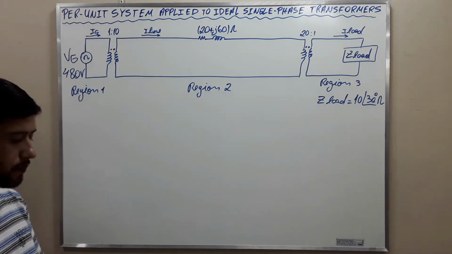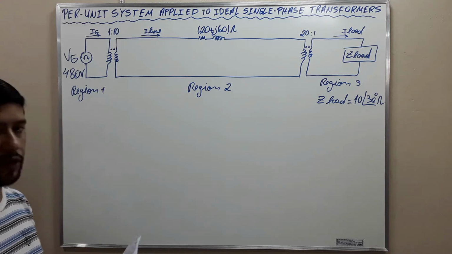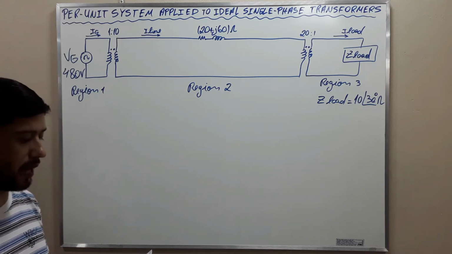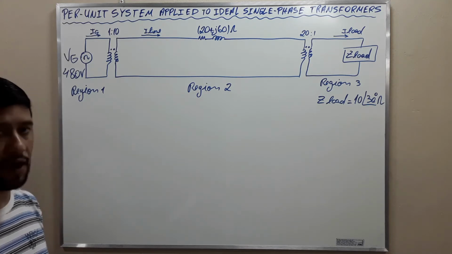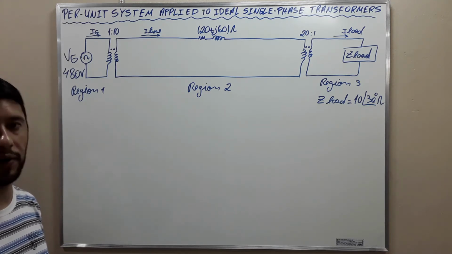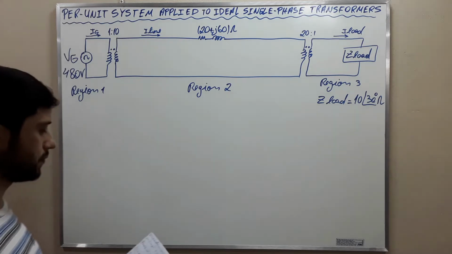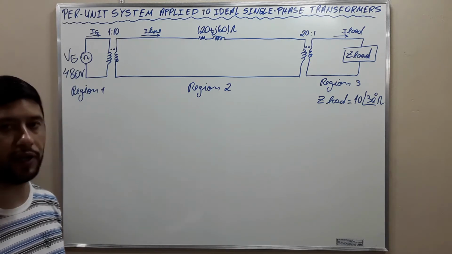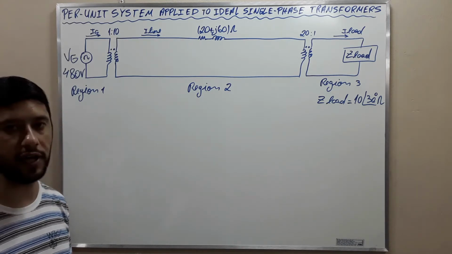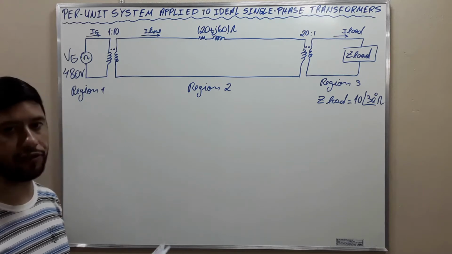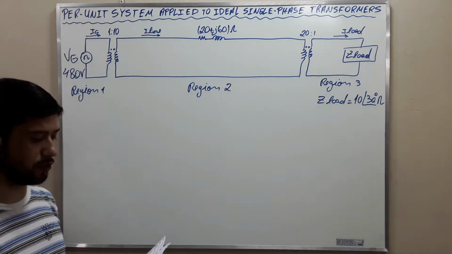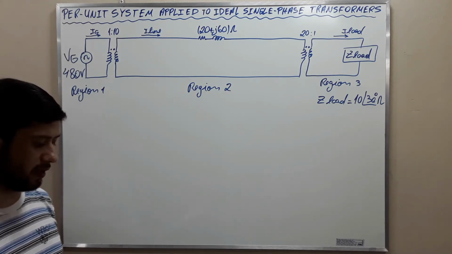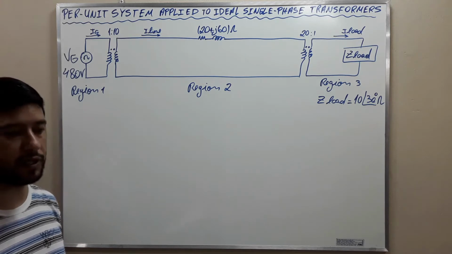Letter A, find the base voltage, current, impedance, and apparent power at every point in the power system. Letter B, convert the system to its per unit equivalent circuit. Letter C, find the power supplied to the load. And letter D, find the power lost in the transmission line.